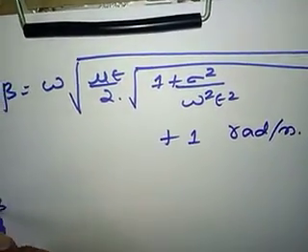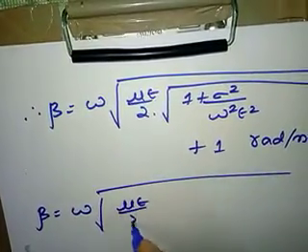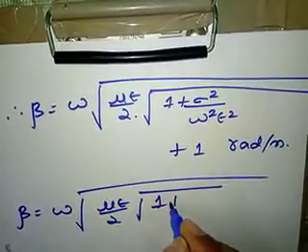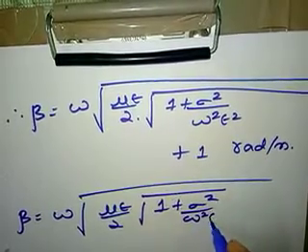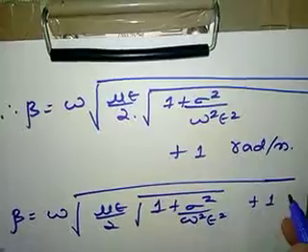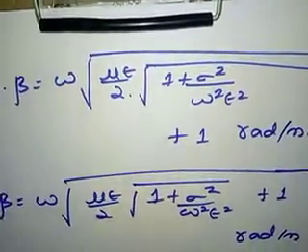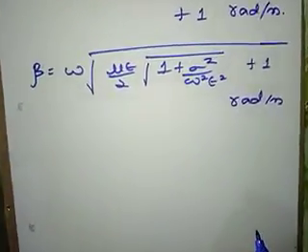I will write it again. Beta is equal to omega square root of mu epsilon by 2 into square root of 1 plus sigma square upon omega square epsilon square, plus 1. The plus 1 is outside this square root but under the main square root, radians per meter. So we have got the equation for beta.